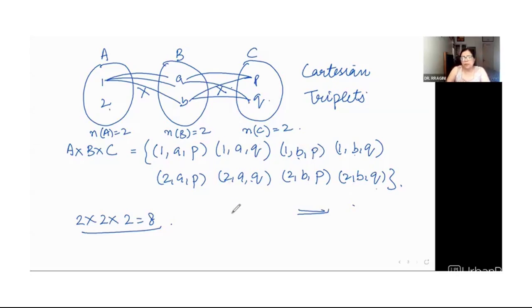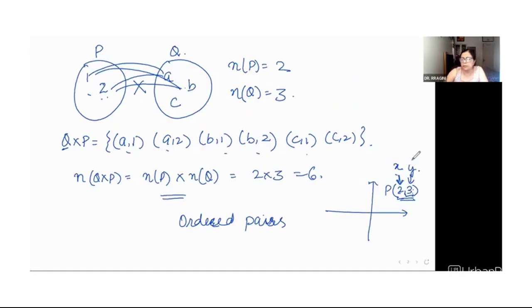So if, instead of these three finite different sets, we have R cross R cross R, what kind of ordered triplets do we get? You will be having something like A, comma, B, comma, C. And for these points, as we had learned, this system is called the Cartesian plane, right?